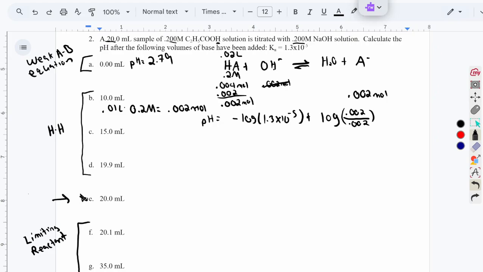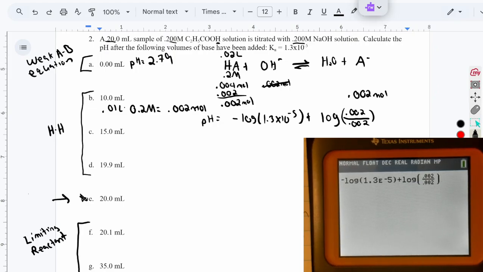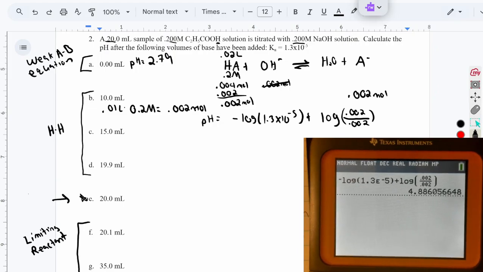Let me put that in my calculator real quick. Obviously 0.002 over 0.002 is just 1, so if you put the number 1 in there, that's fine. We hit enter, and we get 4.88. That is the pH here at 10 milliliters. pH equals 4.88.